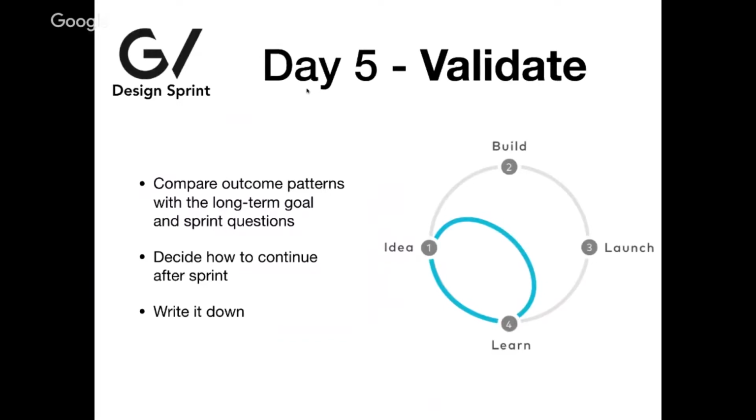And then we need to, of course, decide what will go on, if we continue with the product or not. And yeah, we need to write it down. I would say that the facilitator during the whole week either writes down himself or appoints someone else on the team to write down. So this should be somehow already written down. It's just to put the things from the whole week together. So there is no conclusion session.